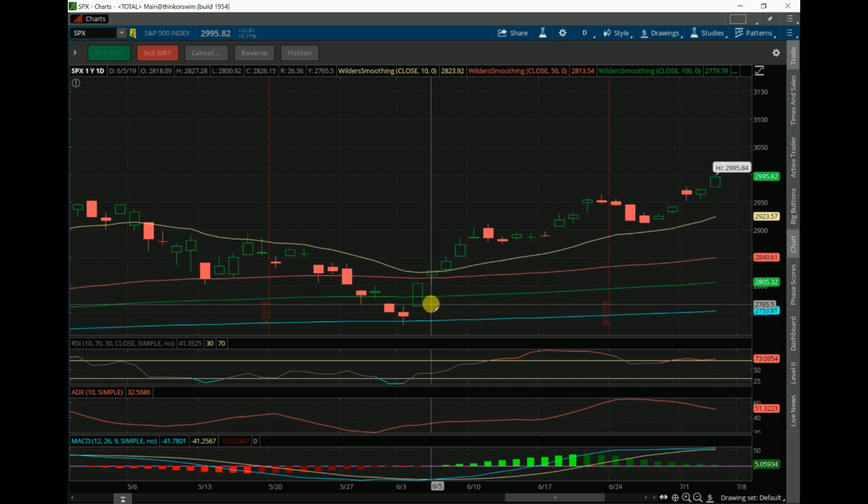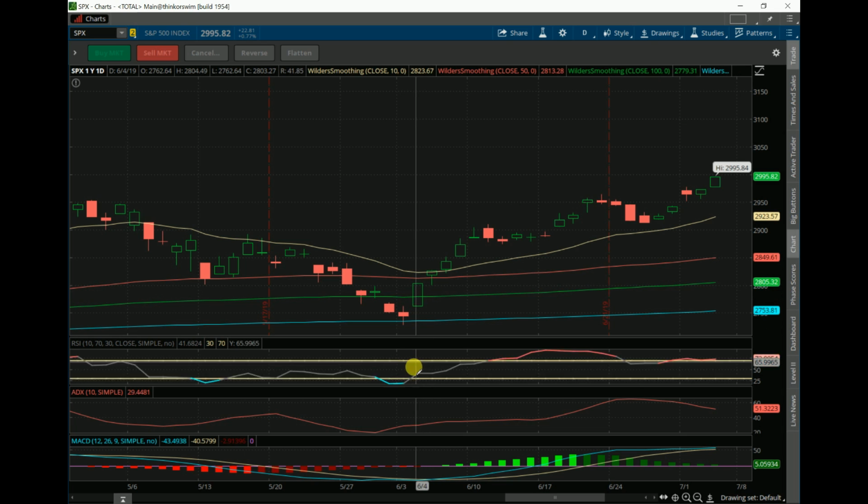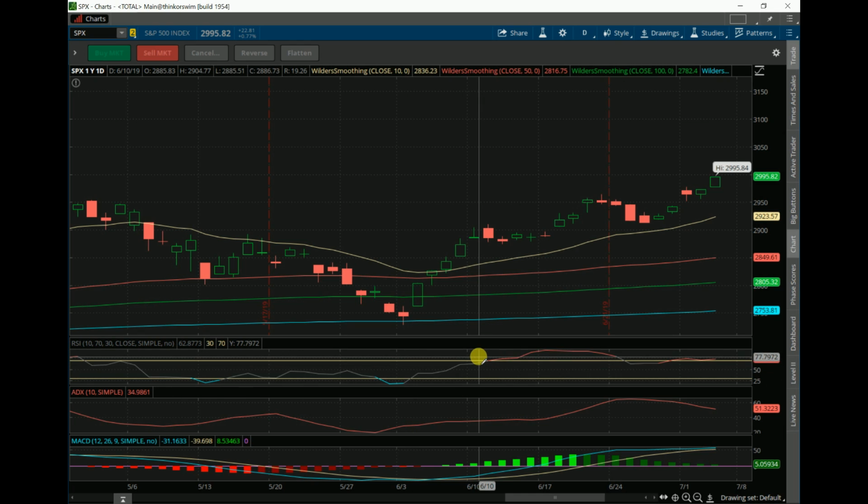And then as you start to get an uptrend in here, you see it starting to come back up, but it's still low. So that's one of the things you've got to really understand about the relative strength index and all of these oscillators. Just because they're indicating one thing doesn't mean it's a warning that a pivot point is going to occur.